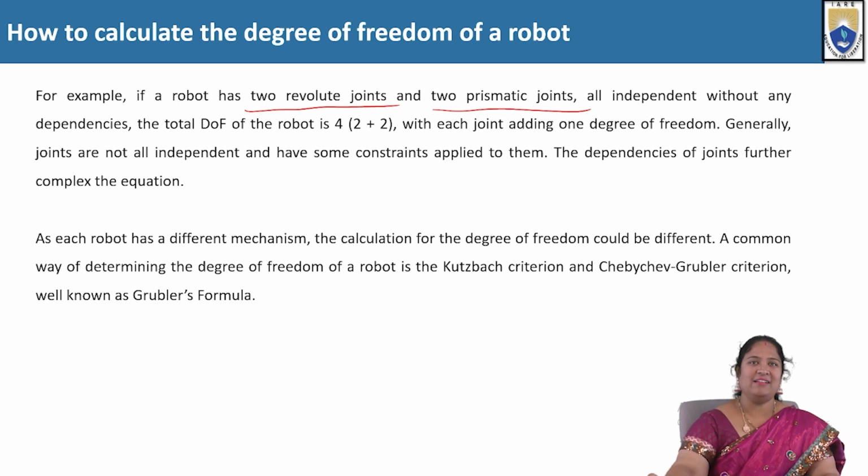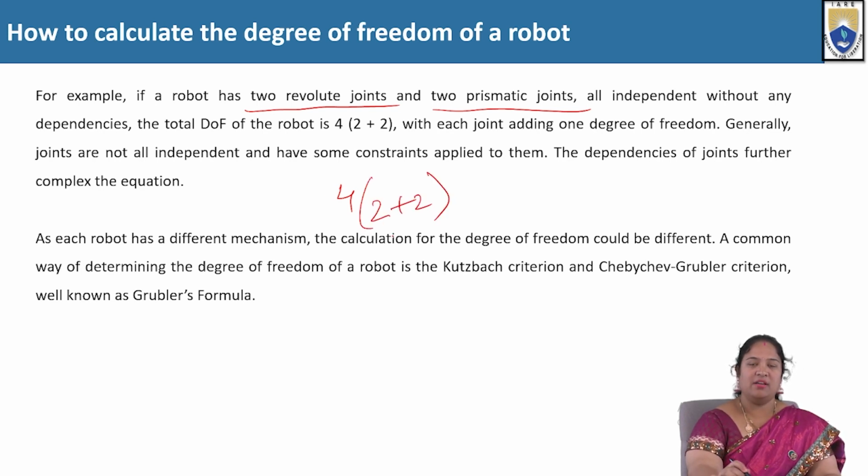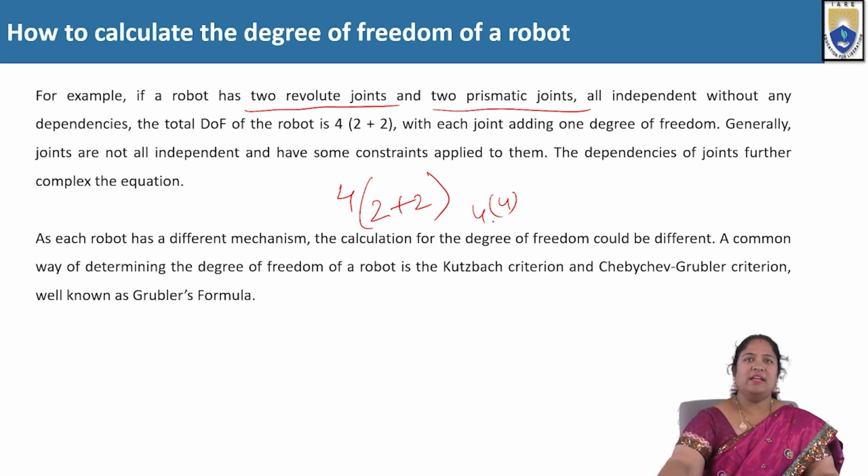Now, how do we calculate the degree of freedom for this particular robot? Totally, how many joints we have? 4 joints, right? That is 2 revolute joints and 2 prismatic joints. So we are adding that up, right? 2 plus 2, 4. 4 into 4, right? That is, with each joint adding 1 degree of freedom generally, if joints are not all independent.